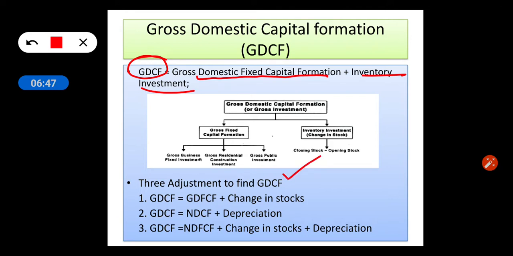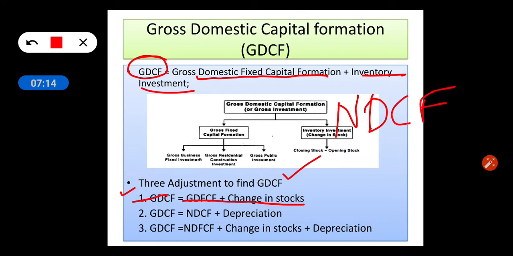Okay, this is number one. We already know that if we add gross domestic fixed capital formation and change in stock, we get gross domestic capital formation, right? But in case in the exam, instead of GDCF or GDFCF, you find NDCF in the item, what are we going to do?